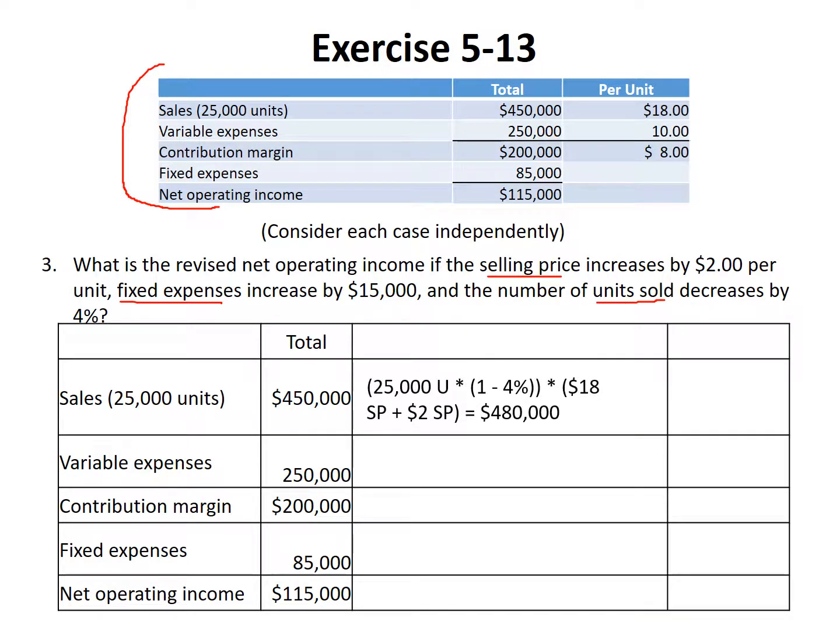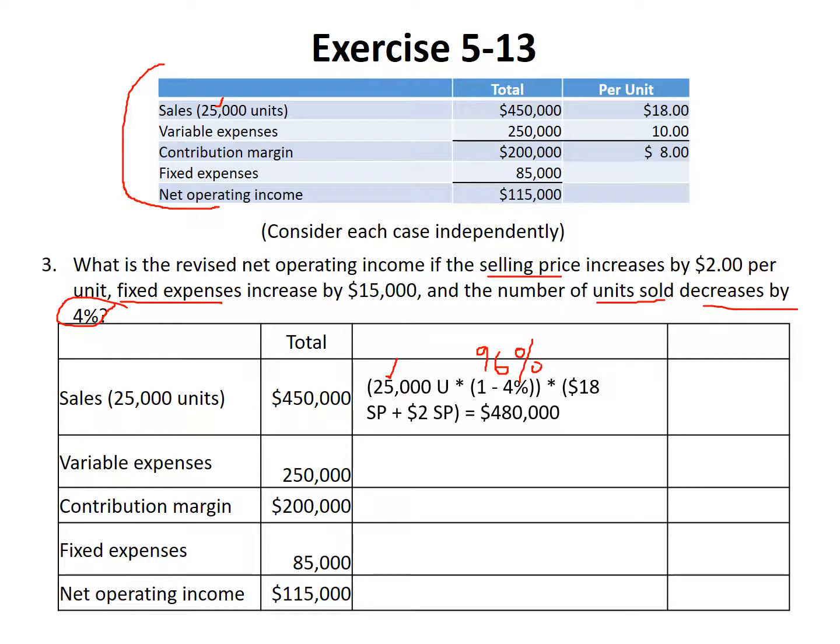Okay, if we take a look at our overall calculation here, we start out with our 25,000 units. Now to that, we're going to decrease the number of units sold by 4%. So in this case, 25,000 units times 1 minus 4%, or in effect 96%, gives us our 4% decrease.